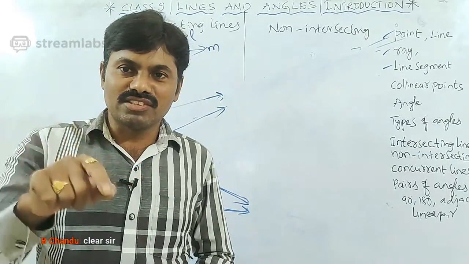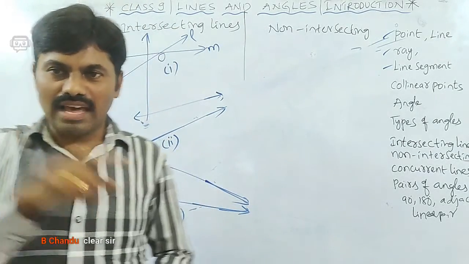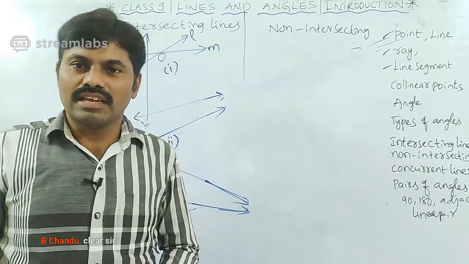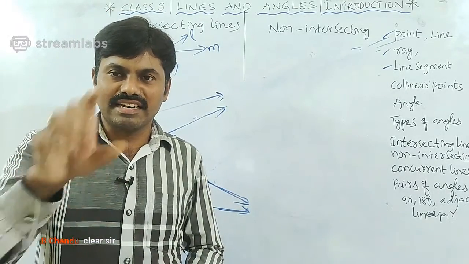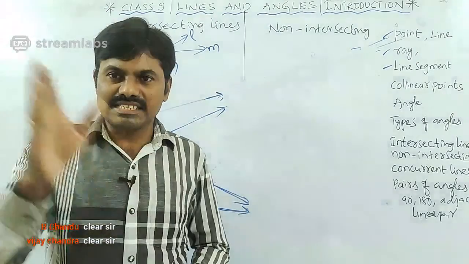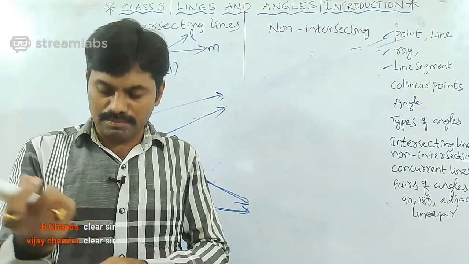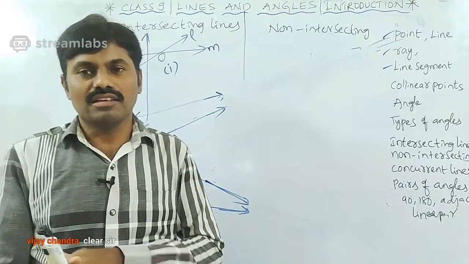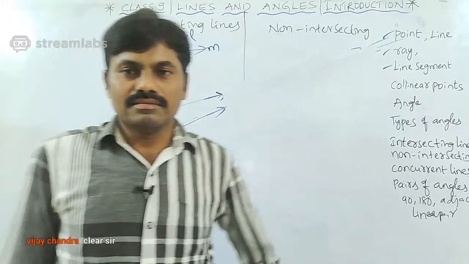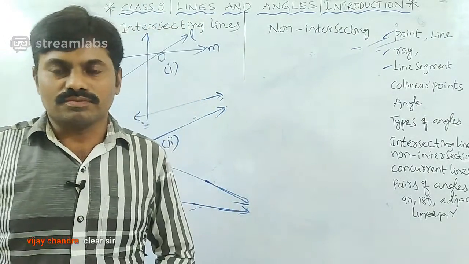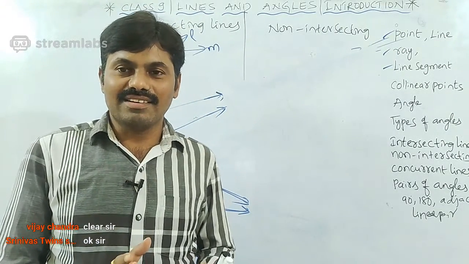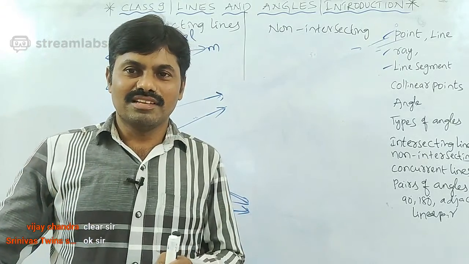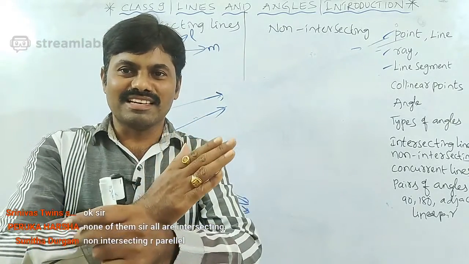Measure the distance between those two lines. What do you observe? At any place, the perpendicular distance is the same. At any place, the perpendicular distance is the same or not? So usually we take a railway track also. But on a railway track, when the junction comes, those both will intersect.